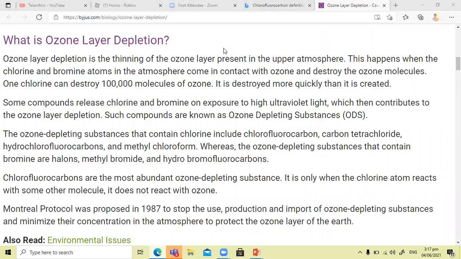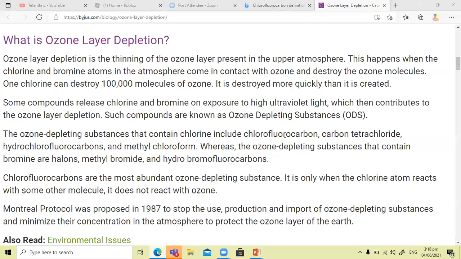It is destroyed more quickly than it is created. Some compounds release chlorine and bromine on exposure to high ultraviolet light, which then contributes to the ozone layer depletion. Such compounds are known as ozone depleting substances, ODS for short.